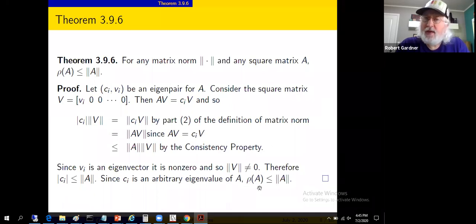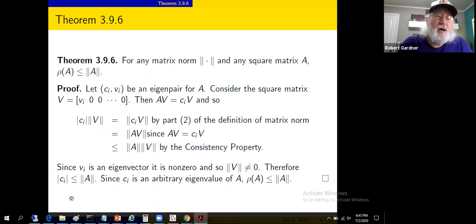The spectral radius of A was defined as a circle in the complex plane that contains all the eigenvalues. But equivalently, we can take it to be the modulus of the eigenvalue of largest modulus.